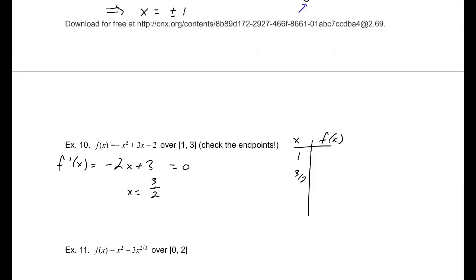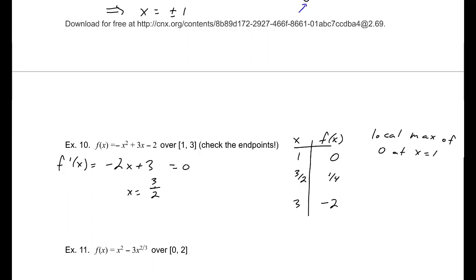and 3 are endpoints. So evaluating at 1, we have a value of 0. At 3 over 2, we have 1/4. And at 3, we have a value of -2. So it appears we have a local max of 0 at x equals 1.